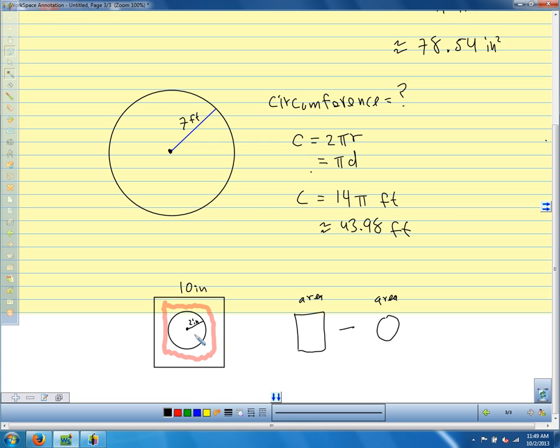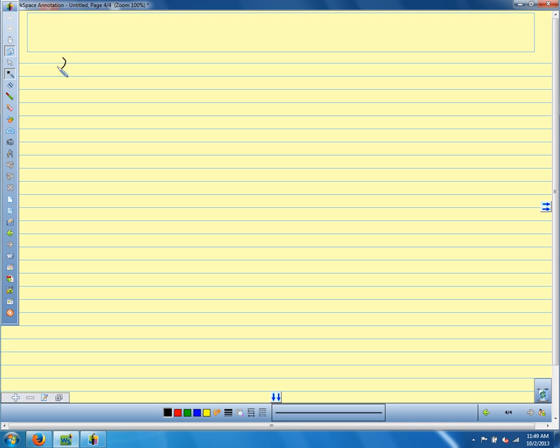All right, let's look at using the formulas with coordinates. So sometimes you'll be given a problem, and I'm going to draw a triangle here. And maybe your triangle is on a graph.